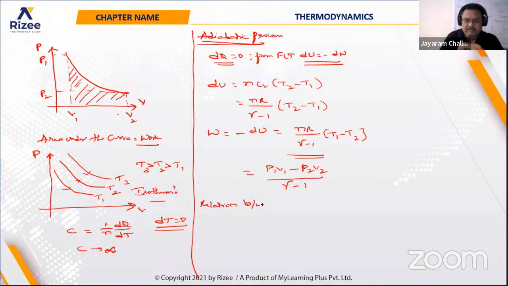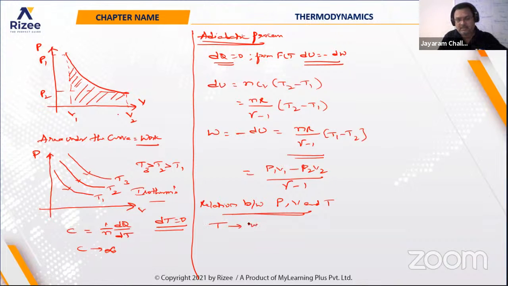So if you want to deal with the relation between the thermodynamical quantities, pressure, volume, and temperature, how do the relations go? Since here the temperature is not constant, pressure is no longer inversely proportional to the volume.